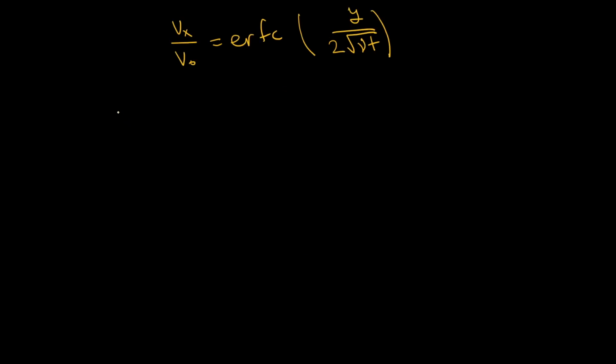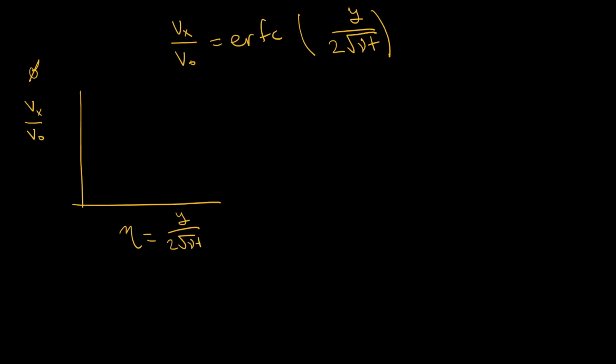So just to give you a rough sketch of what this looks like, if we plot on the vertical axis v sub x over v sub 0, remember this is also just phi as another way of looking at it, and on the horizontal axis we can plot eta equal to y over 2 root nu t.